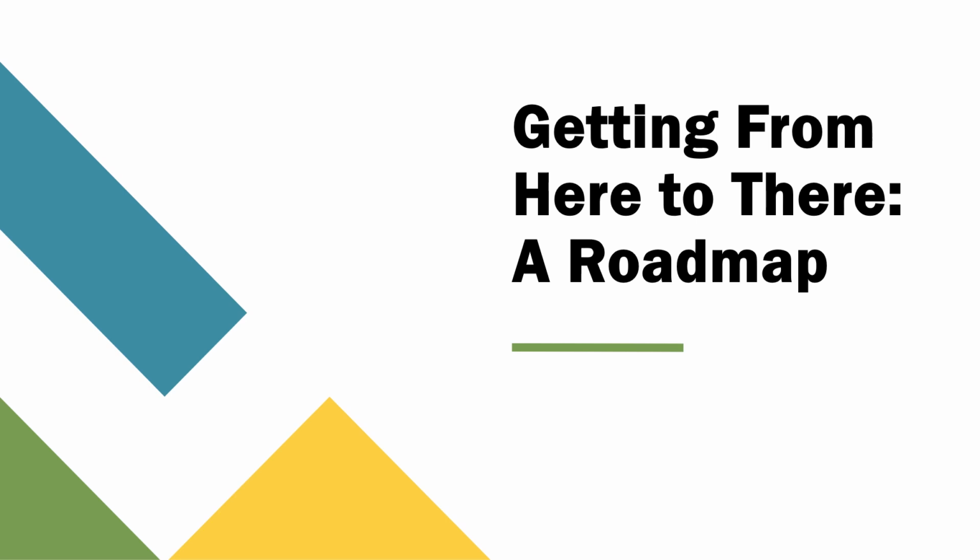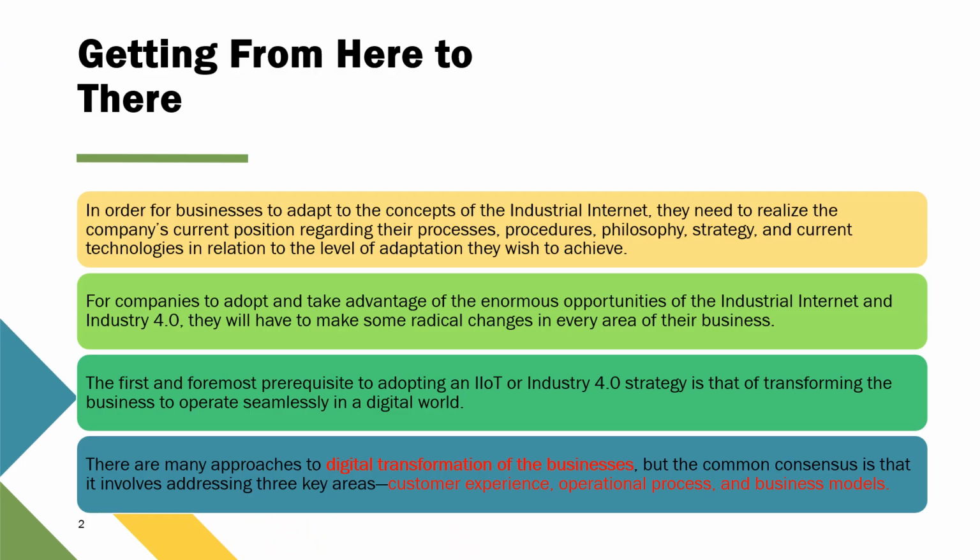So today we're going to go for the last topic of our course, which is getting from here to there, a roadmap for IIoT. From our previous lecture, we already saw that people are shifting towards the IIoT, and most companies are starting to adopt IIoT elements in their activities.